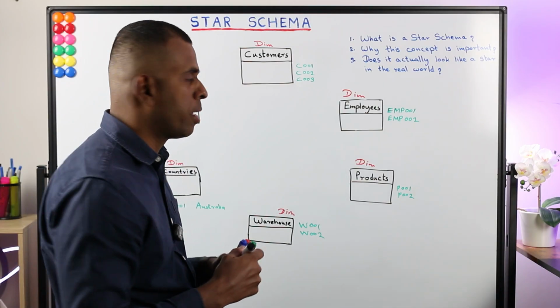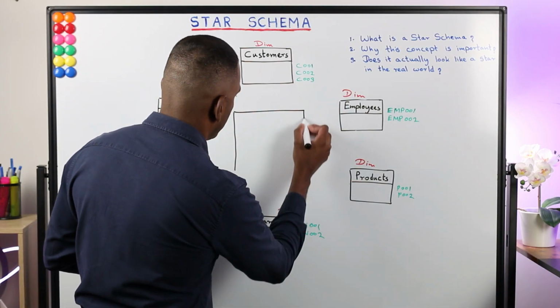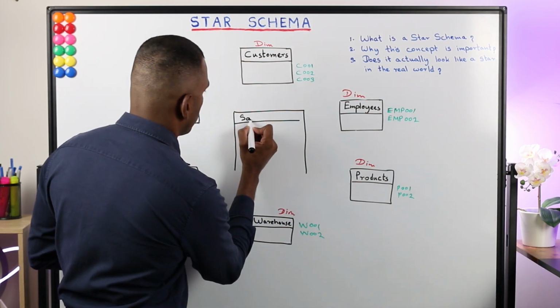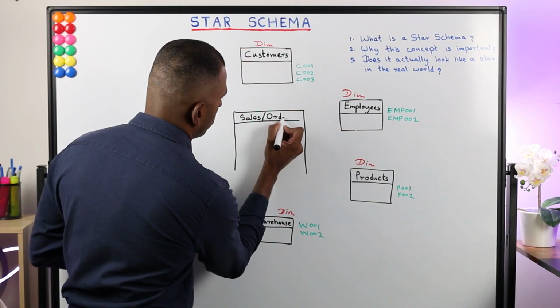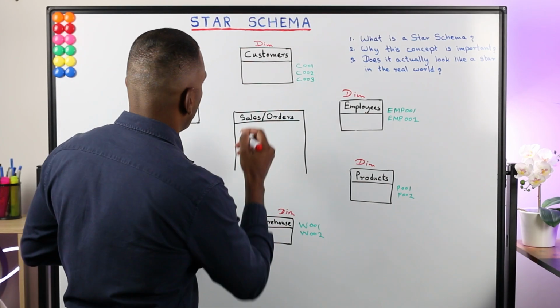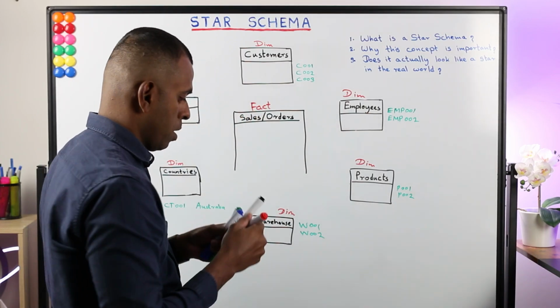Now the fact table: it's the sales table, otherwise we can say orders. There's the fact table.